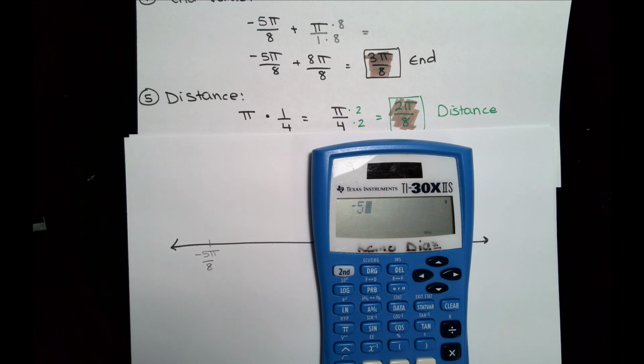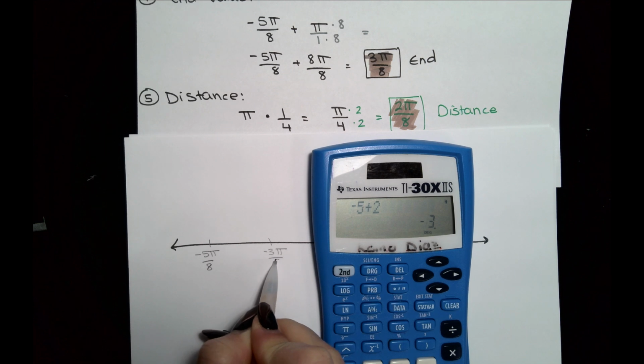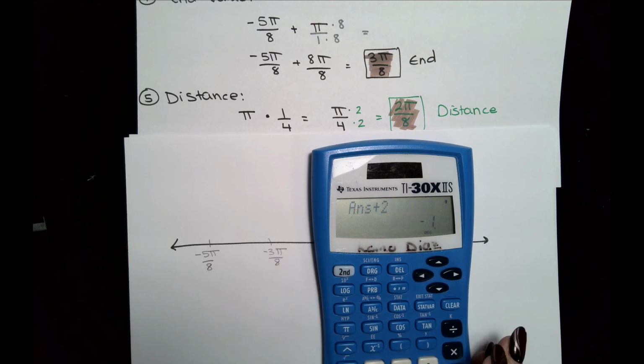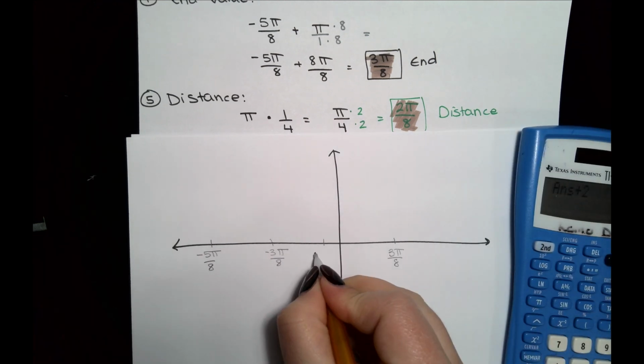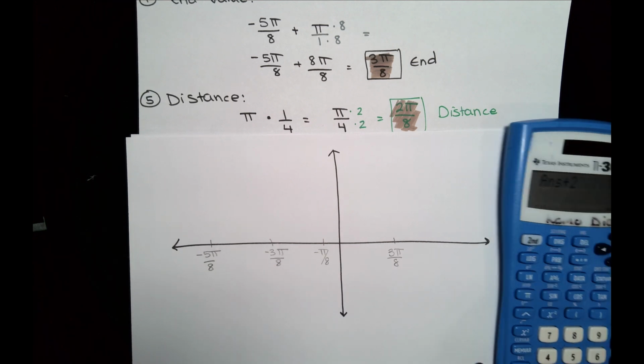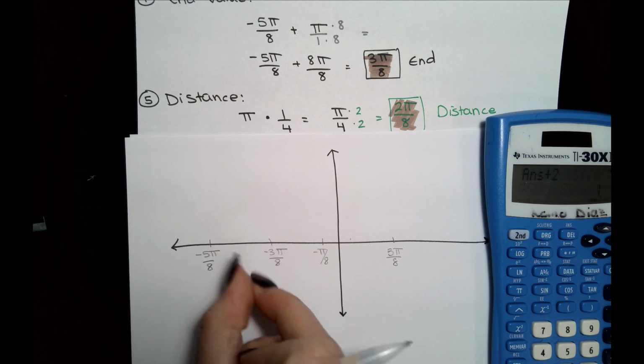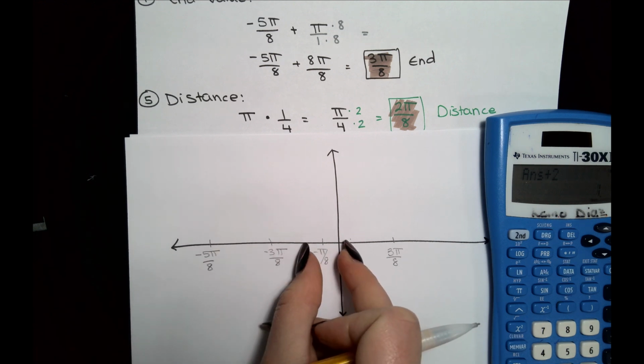-5. Now we're going to just add your distance each time. So +2, we're at -3. Add your distance of 2, we're at -1. Add your distance of 2, we are at 1. And I'm noticing I have a very large distance here and a very short distance here.